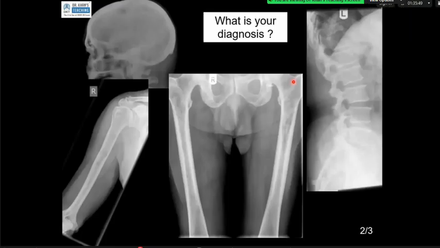Because I saw there is involvement of the skull. Yeah. So multiple lytic lesions. What has been done? It's a skeletal survey. So what is the diagnosis? Because the patient is old age and skeletal survey, I'm thinking of between multiple myeloma and metastasis. Yeah, so this is multiple myeloma.